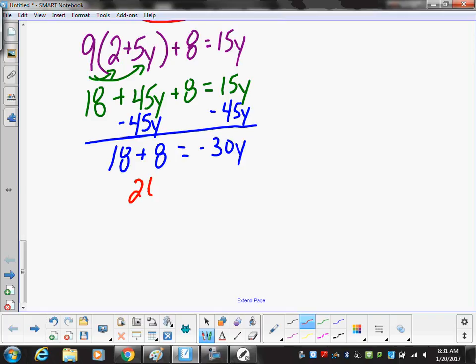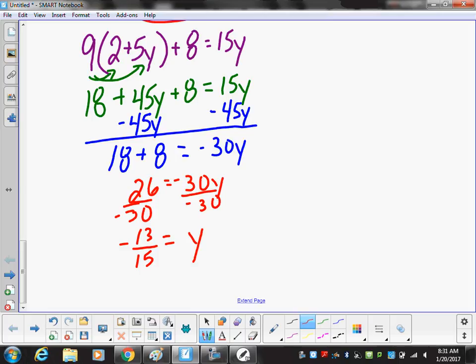So that's 26 equals negative 30y, and then I'm going to divide both sides by negative 30. So y equals negative 13 over 15. All right, so here's the problem I've seen.